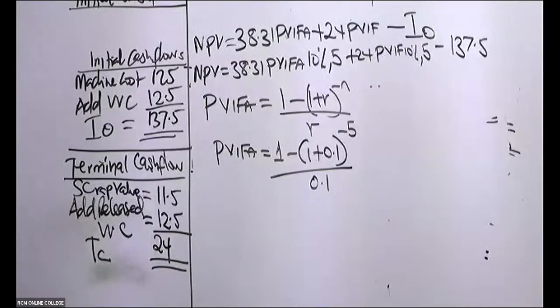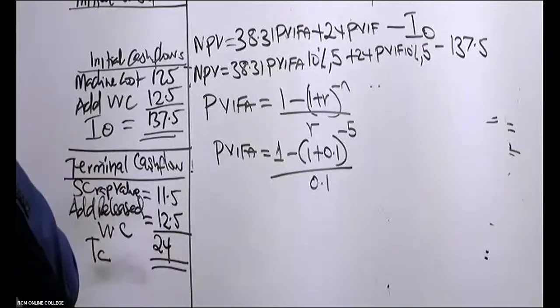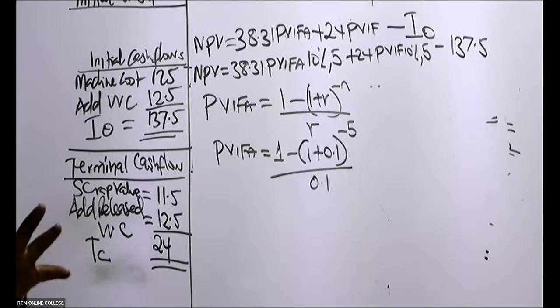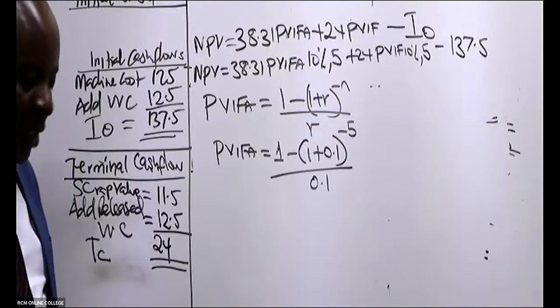So please, once you reach here, you need now to get out your powerful calculator. Of course, I'll be showing you how to get this from your tables, but at this level, we need to know how to calculate this for ourselves. So get out your calculator. I would want to see how you're raising.